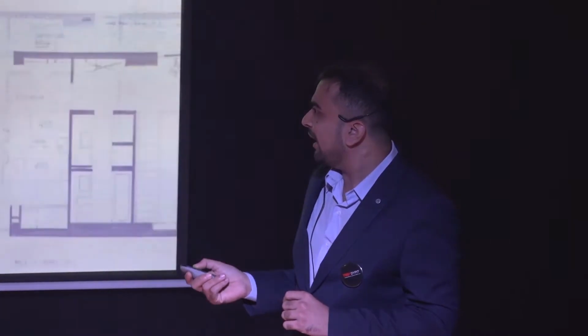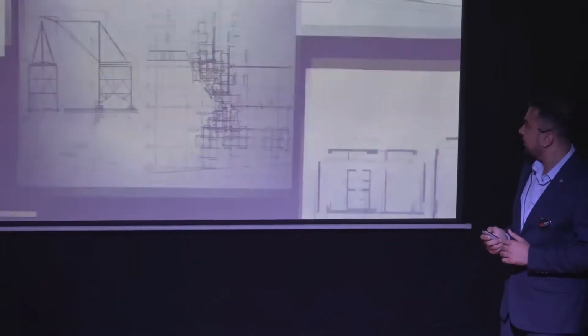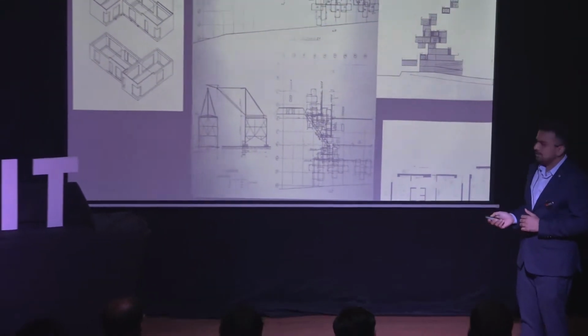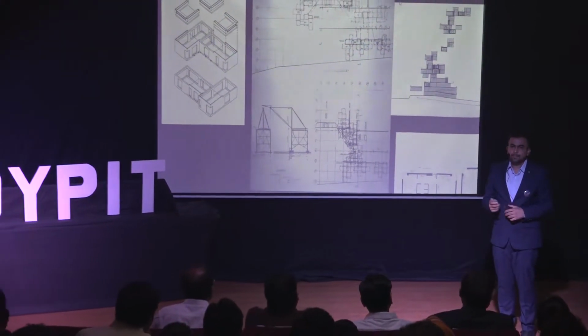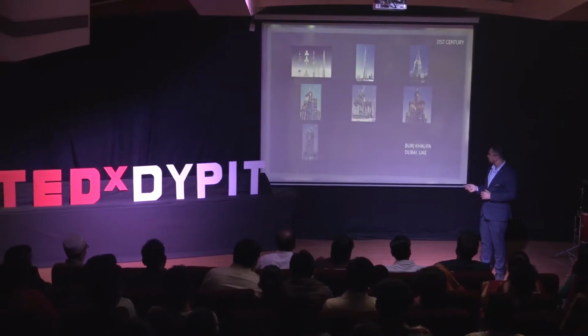Just imagine each and every room of this particular structure is about 70 to 80 tons. Specialized mechanized cranes were used for lifting each of these room modules, and that's how this entire structure was built. These are some of the demonstration sketches showing how they constructed this entire building.